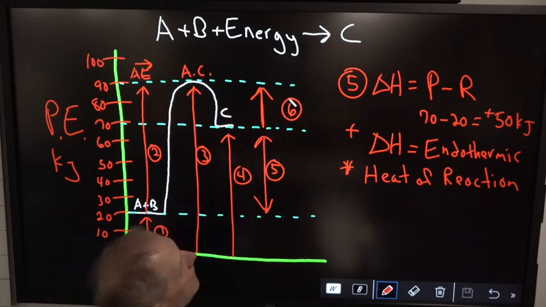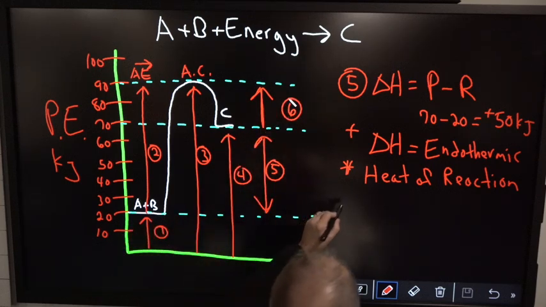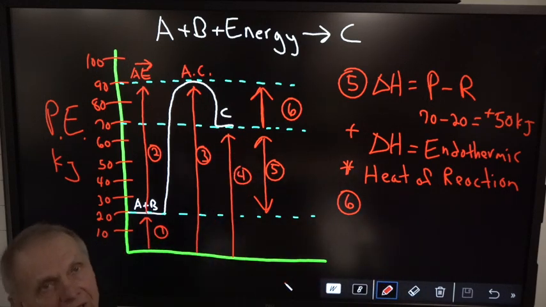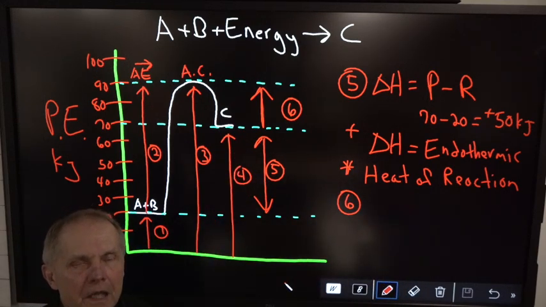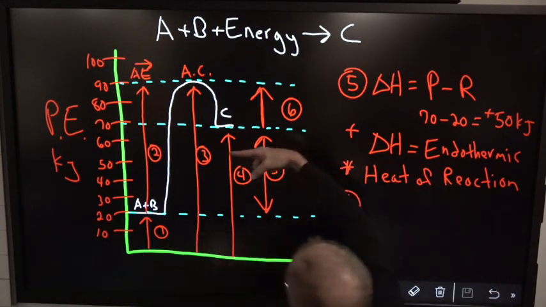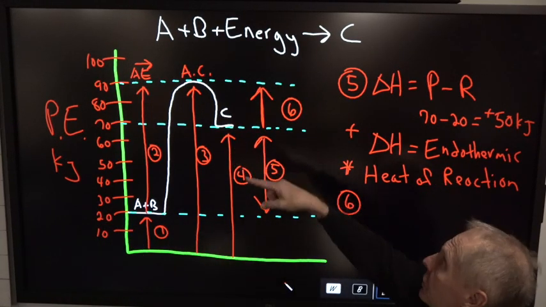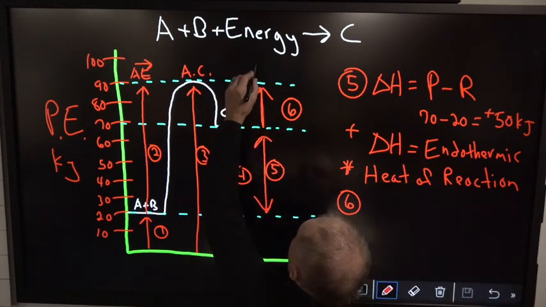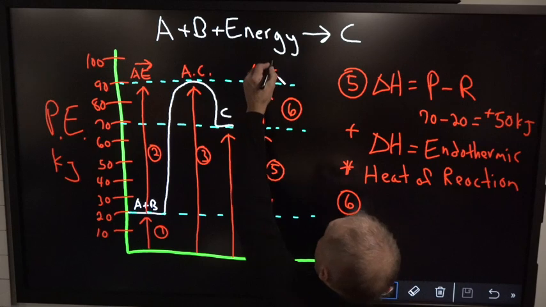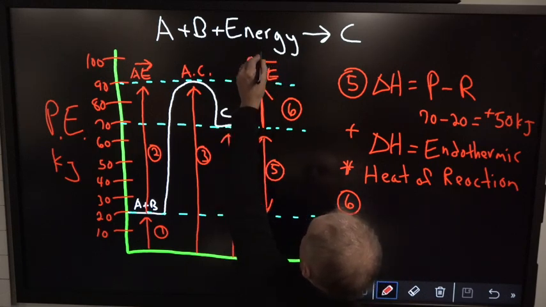That's line segment number 6. So what would line segment number 6 be? It would be the activation energy for the reverse reaction. So line segment 6 is AE, which stands for activation energy for the reverse reaction.